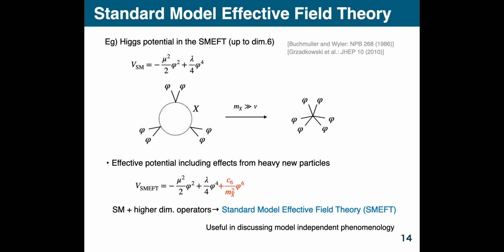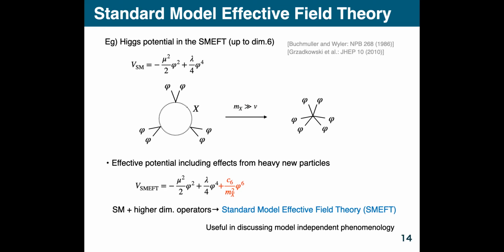Here we assume that the mass of the new particle X is heavier than the electroweak scale. Then, according to the uncertainty principle, we expect that such a heavy new particle only propagates a short length. Therefore, we can shrink this loop like this.